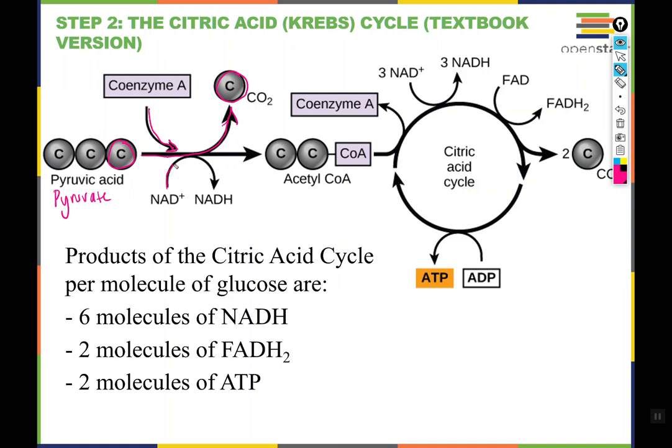During that time, you get 2 electrons coming off, and those are used to reduce NADH. So now this can go off to oxidative phosphorylation, to the electron transport chain.